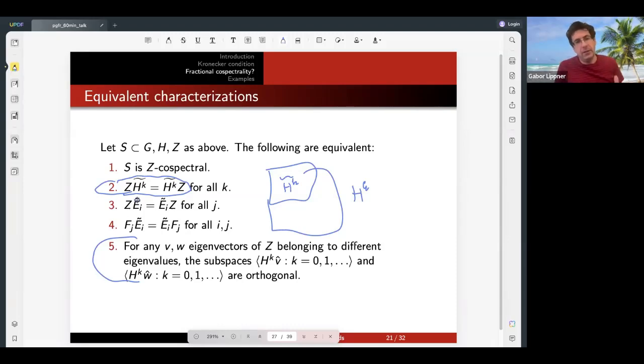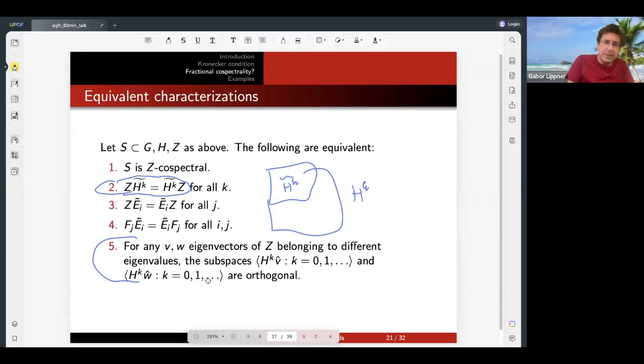For the fractional cospectral case, the difference between the k-length walks from U to U and the k-length walks from V to V is related to the number of k-length walks from U to V, for every k, in the same way. You can generalize this walk count characterization to higher size subsets.